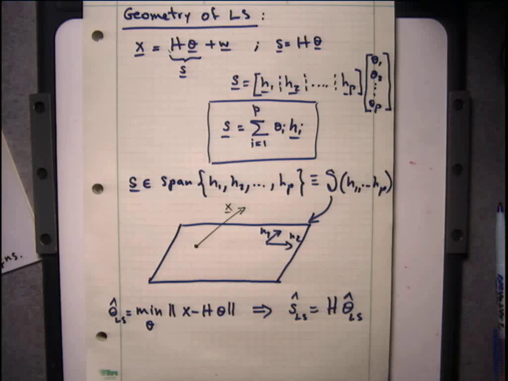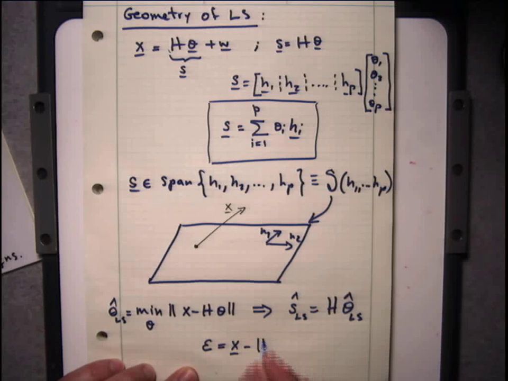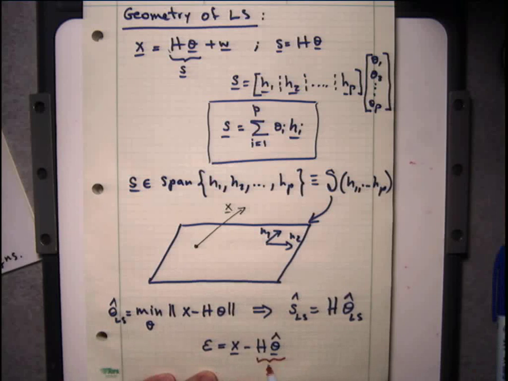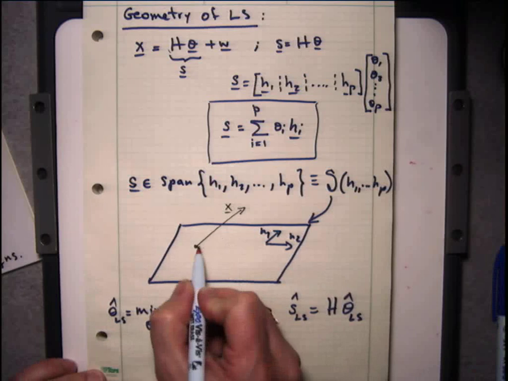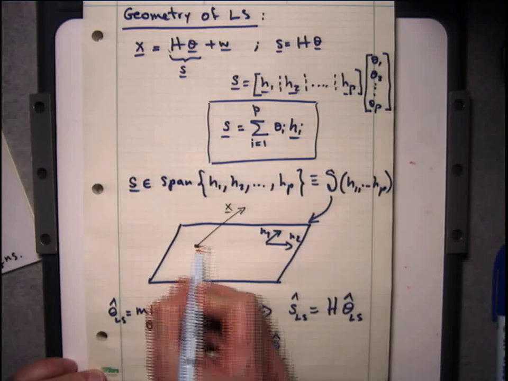Whatever this estimate happens to be, there's going to be some error associated with it. So let's write epsilon equals x minus H theta hat. Remember this is S hat. Let me draw an S hat here. Let's be a little bit crude about this, and say my S hat is this.